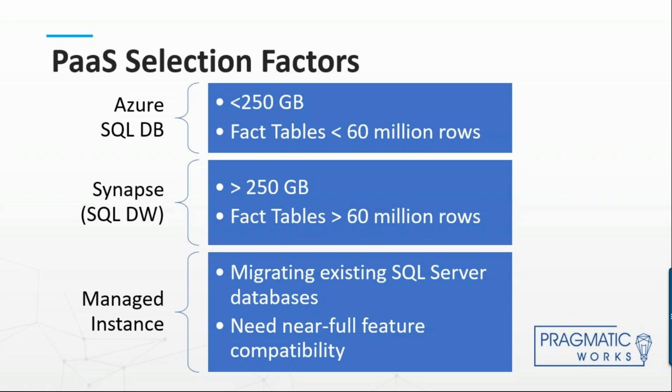Now, I have the option of doing what's called a bacpac, which is a file that includes the data structure and all of the data. I can use that to migrate a database from on-premises to Azure SQL DB. That doesn't generally work very well for anything over about 200 gigs.